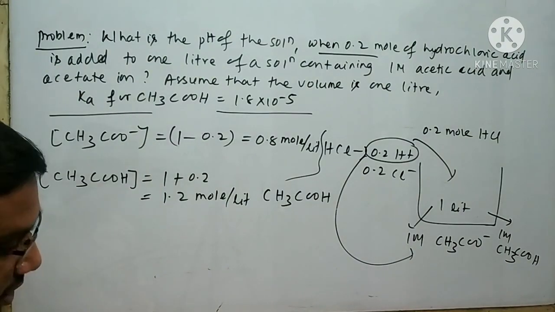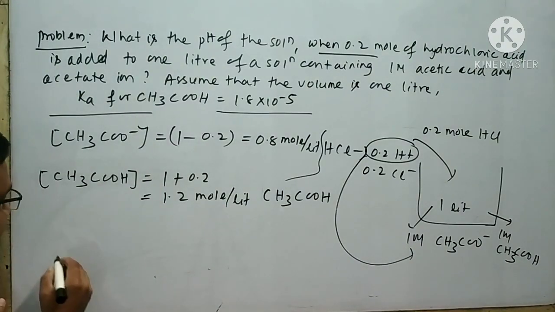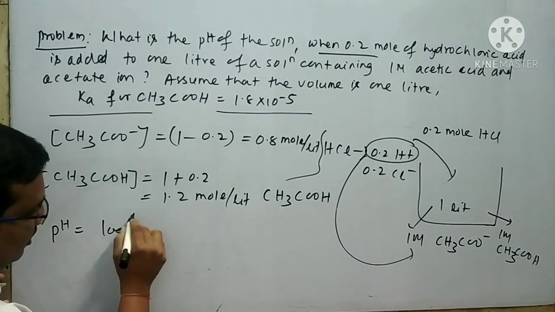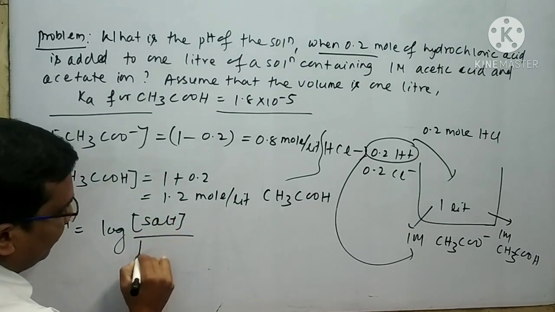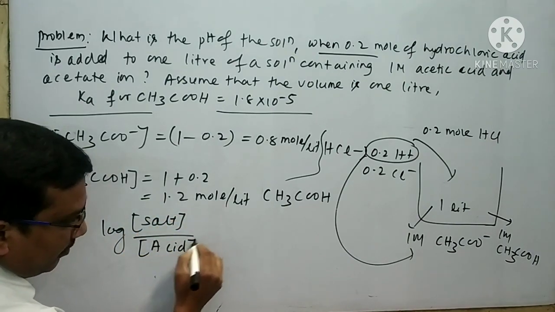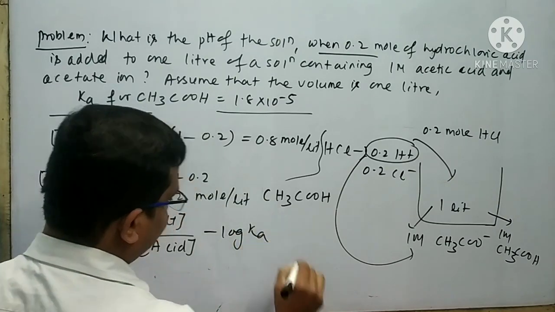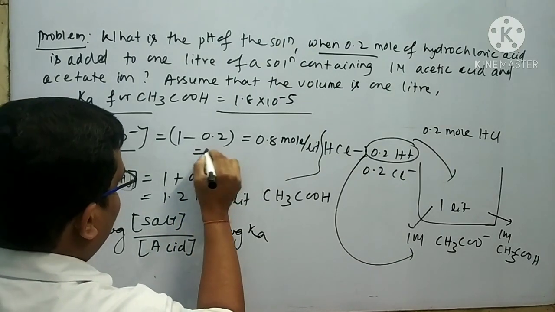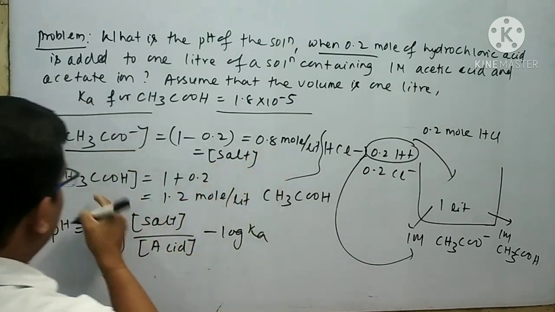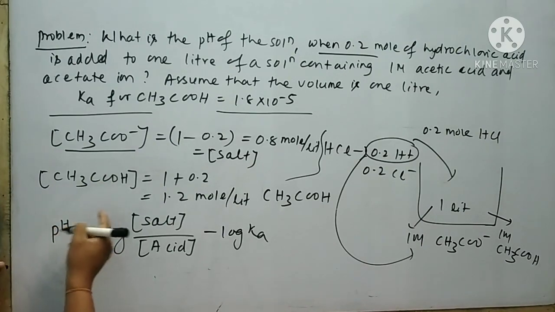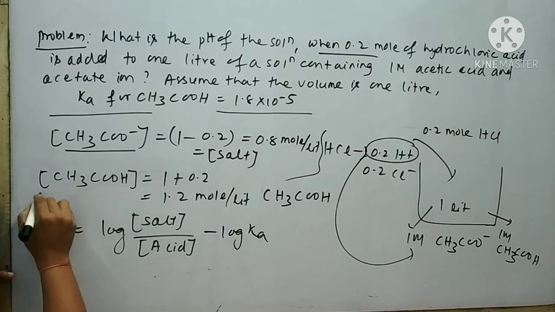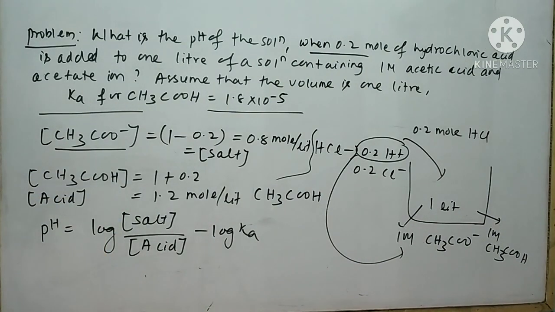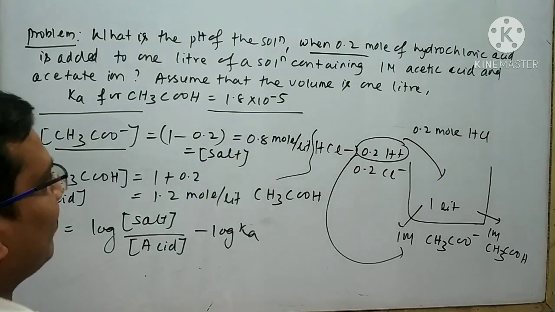According to the Henderson equation for acidic buffer solution, we know that pH equals log of concentration of salt divided by concentration of acid minus log K. Here acetate ion is considered as concentration of salt and acetic acid is considered as concentration of acid. We know that the K value for acetic acid is 1.8 into 10 to the minus 5.